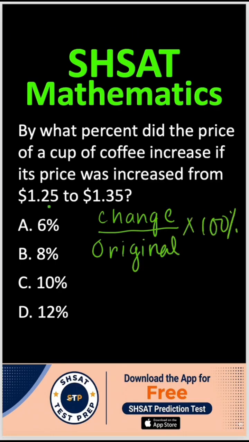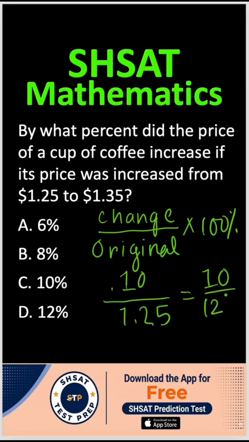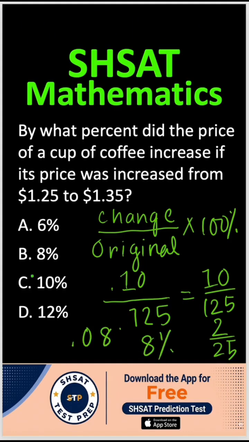So here the change from 0.25 to 0.35 is 0.10 and the original price is $1.25. And we can write it as 10 over 125 to get rid of the decimal points. Now 10 over 125 gives us 2 over 25. So 2 over 25 can be written as 0.08, and 0.08 times 100% gives us 8%. And with that, the correct answer is option B.